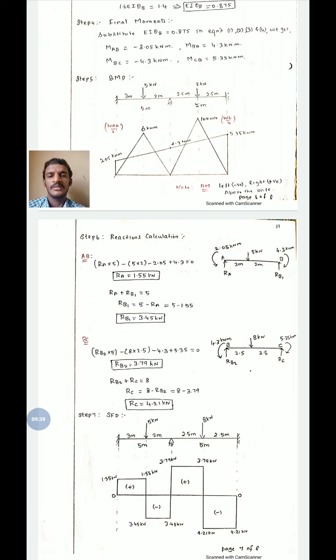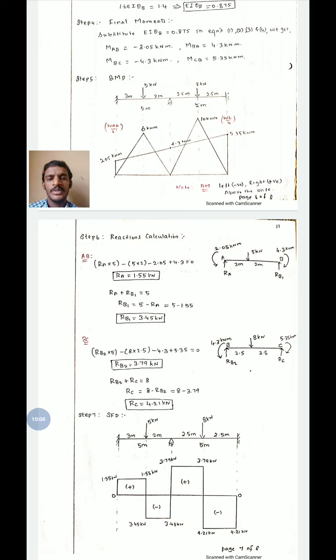In the second part of the problem, we have to draw the shear force diagram. For the shear force diagram, it is mandatory to calculate the reactions for each end. In the reaction calculation, we will consider span by span. We consider the AB portion as one part and the BC portion as the second part.